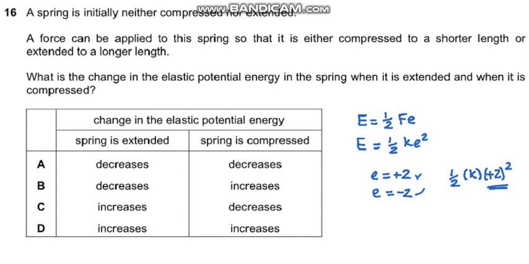So when the spring is extended, the elastic potential energy would increase, and when the spring is compressed, the elastic potential energy would also increase. So D is the appropriate answer.